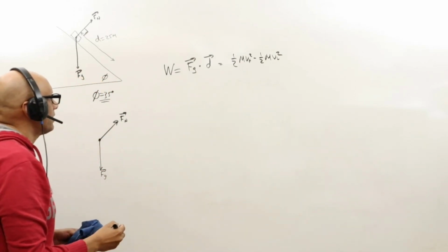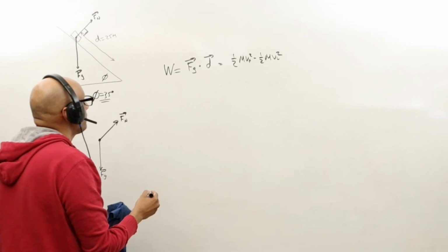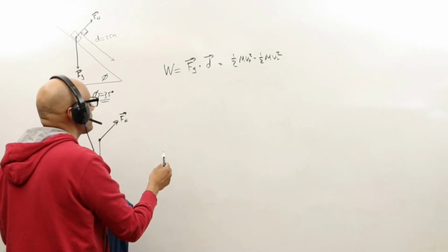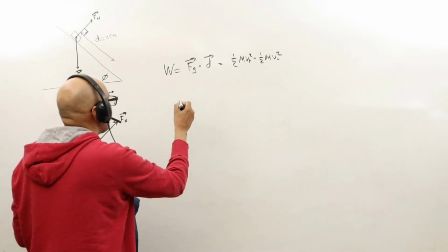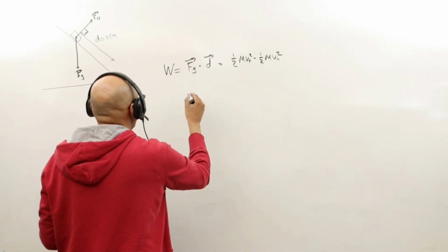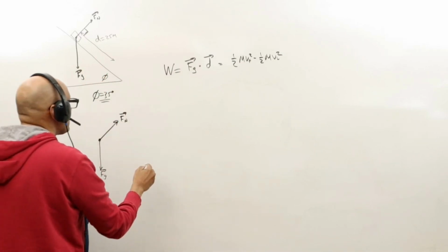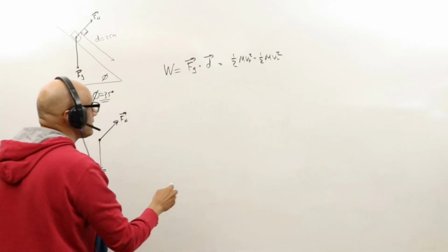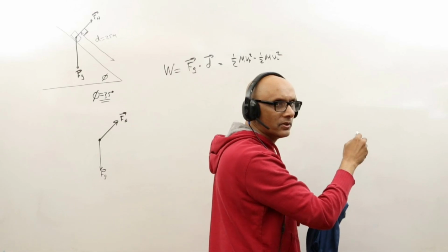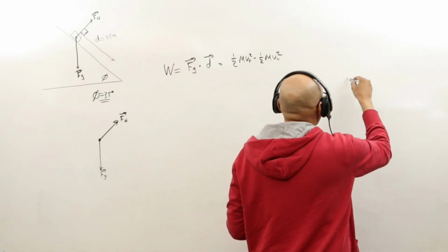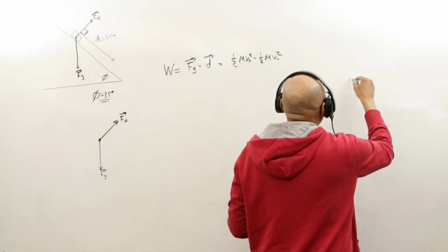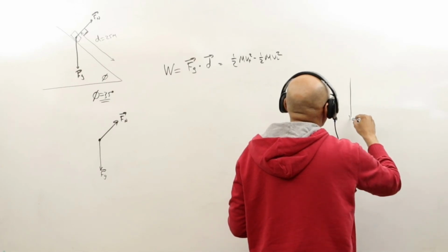So we have a dot product to take care of. There are two ways of solving the dot product, but I'll take the easy way, which is basically to find the angle between Fg and d. So I'm going to redraw this diagram over here. So we're told that the force of gravity is acting down.